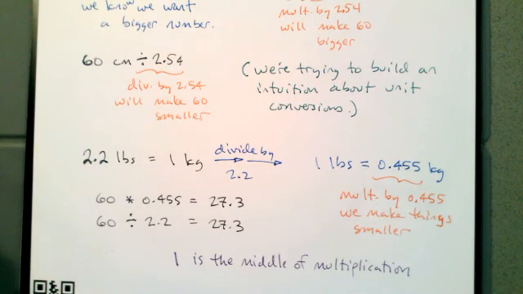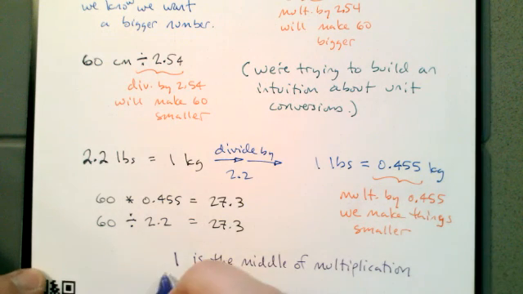All right. So that's all I wanted to talk about today. A quick entry into thinking about unit conversions and why it's important to be able to do these kinds of unit conversions. Not just from a remembering formulas standpoint, but getting an intuition about which direction things should go and whether multiplication and division will get us there.